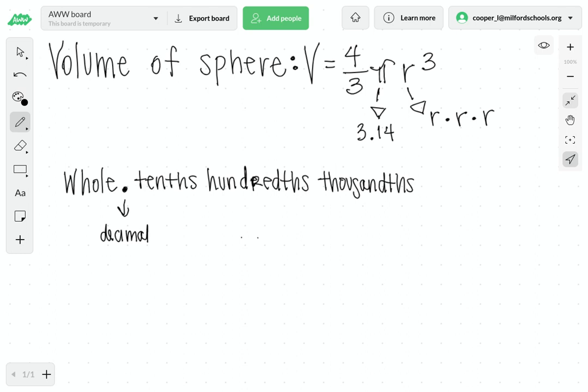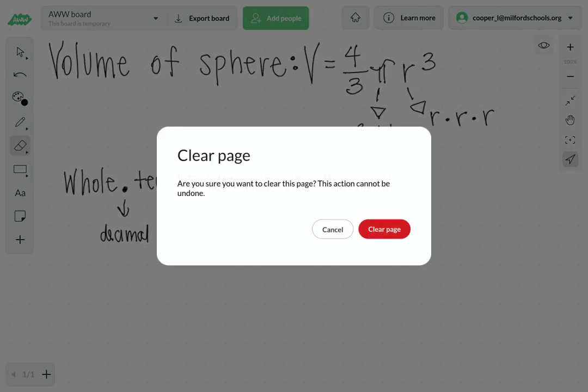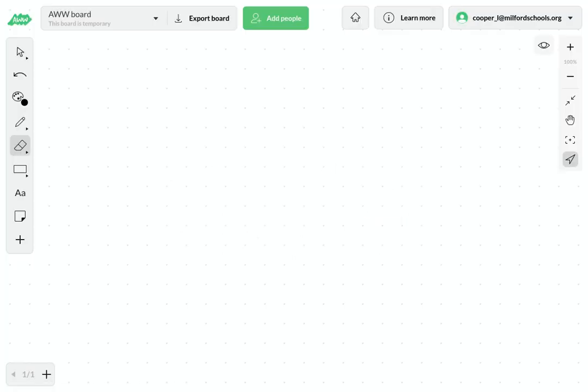So I'm going to go ahead and do a few examples just to make sure that you're good to go. So let's say for this problem, we are going to round to the nearest hundredths.